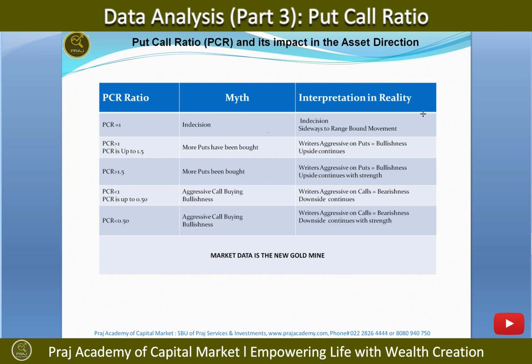And when you have a view about the market, you can flow with the market. You can buy or sell calls or puts or futures or stocks depending upon what is the need of the hour in the market, right? So that's the support available when you understand how to read the data, read the market data.